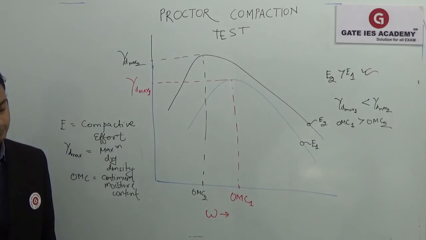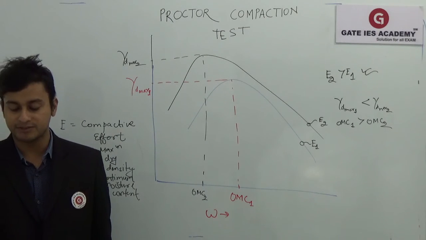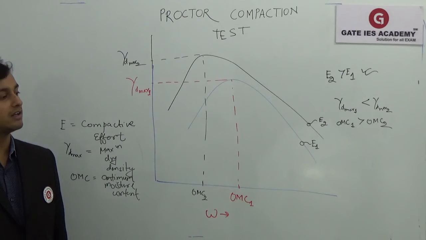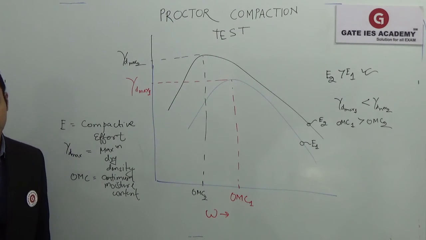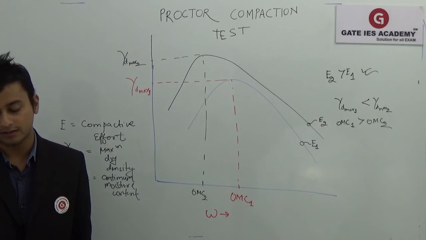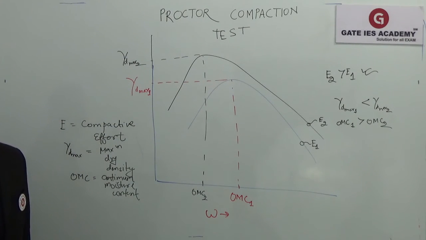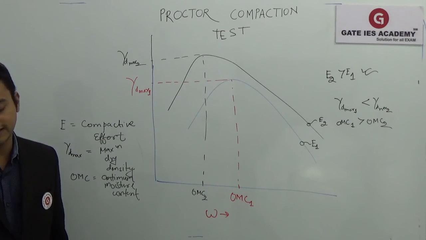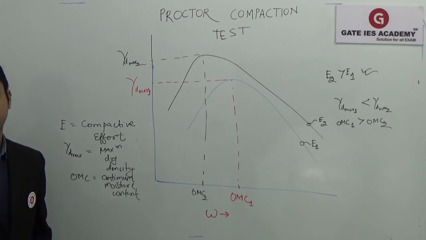Next, write down, beyond OMC, water starts occupying the space which could have been occupied by the soil grains, hence gamma D starts decreasing.